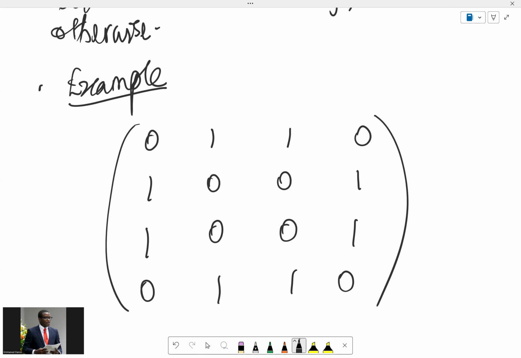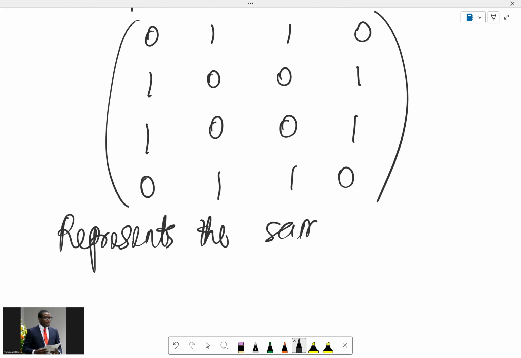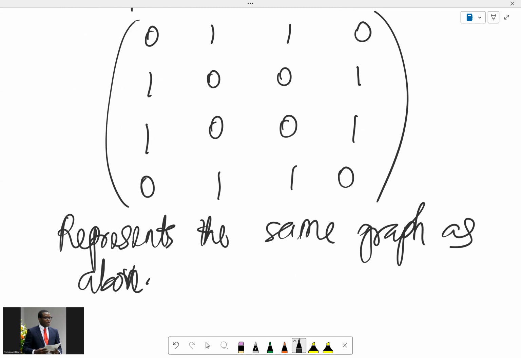This is your matrix M, and this represents the same graph as above, graph ABCD.